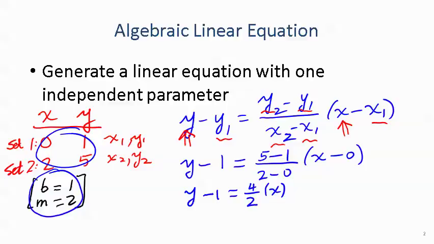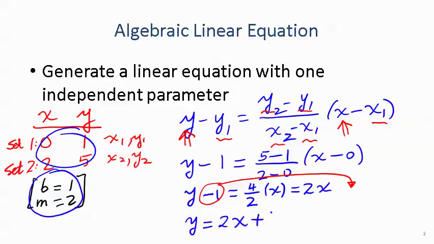Or 4 divided by 2 is equal to 2, so it's going to be 2x. And if we take the constant here and move it to the right-hand side, we find the final equation as y equals 2x plus 1.